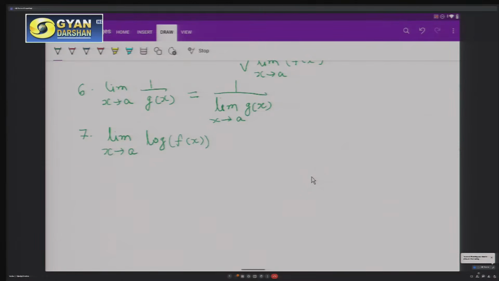In that case it will be equal to first you take the limit and then you find the log.